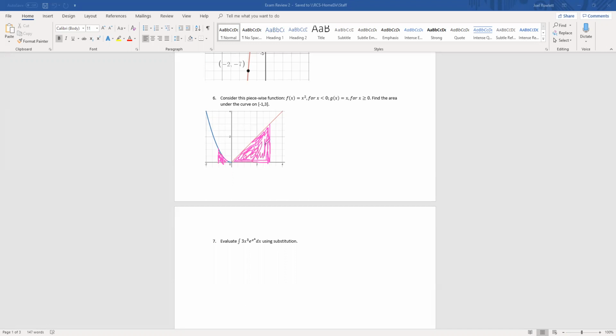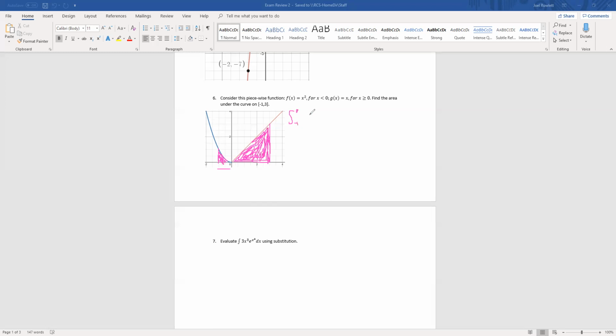Well, this is going to be two different integrals, right? Because we have two different functions. We literally change functions when we get to 0. So this is what the setup would look like. First, we would integrate with f of x. We would integrate from -1 to 0, because if you're under the blue function, right, x goes from -1 to 0. Remember, we always read graphs left to right.